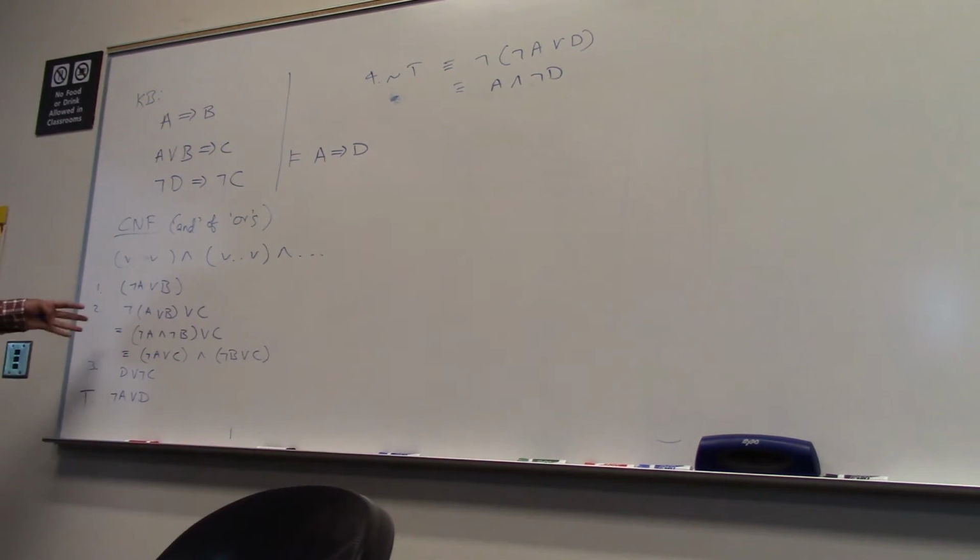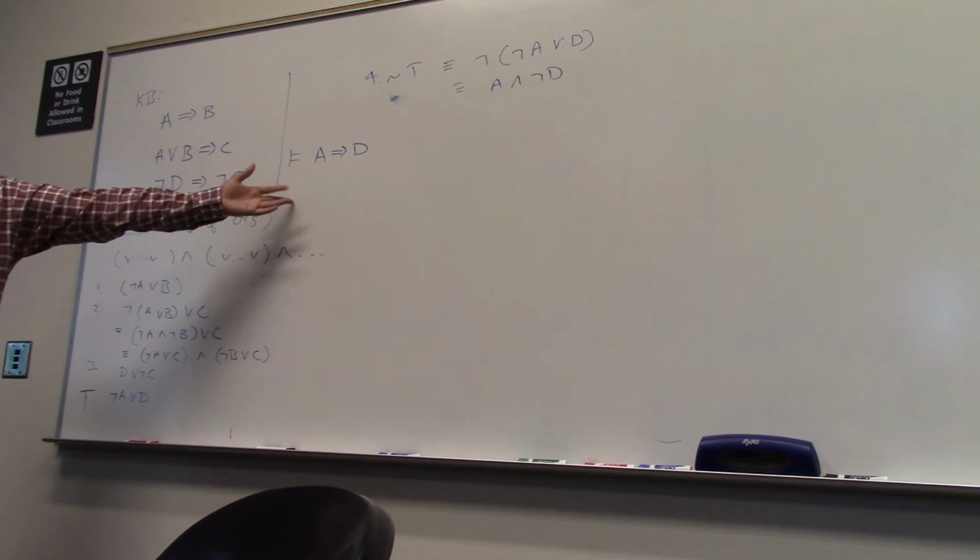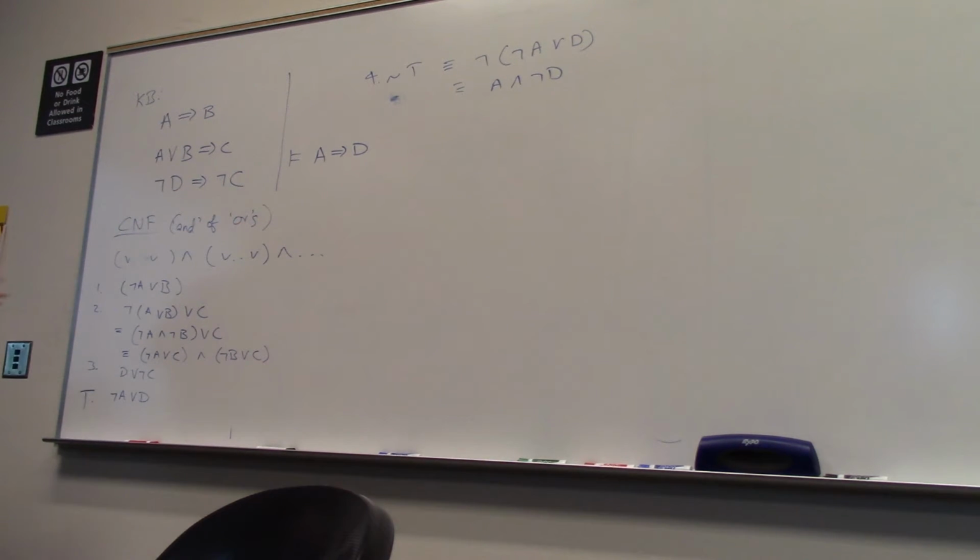And we want to see whether that is consistent or not. As Rahul discussed in the class, if this itself is inconsistent, then this will always be true, because there are no worlds in which this is true.